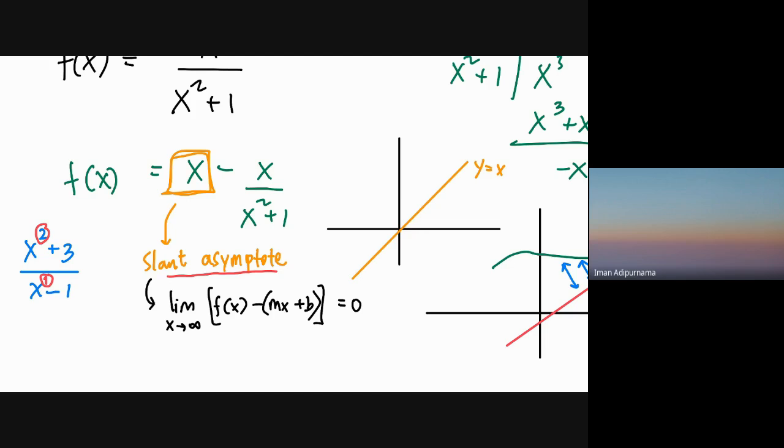If you have the function and the line equation, and when you subtract the function and the line equation, as x goes to infinity or negative large is also correct, you can get the 0 result. Okay.